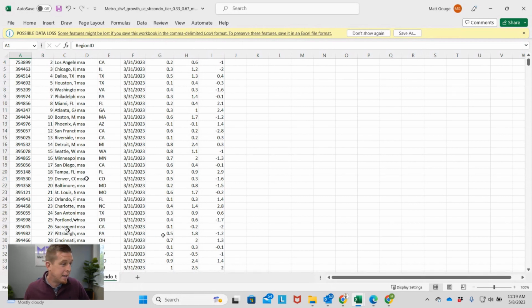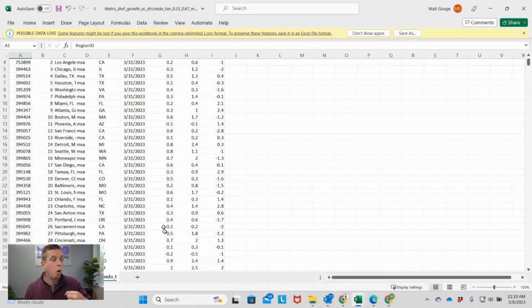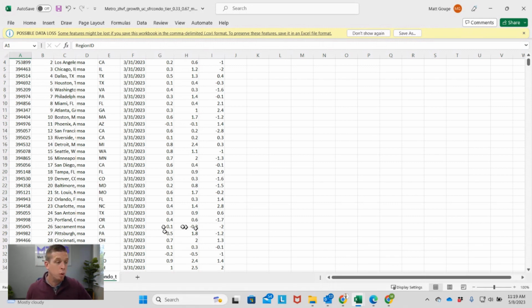It looks like in Sacramento, there are 3 columns: month, quarter, and year. So, again, this is projected going forward: 0.1% home price increase over the next month. But then we've got a negative 0.2 over the next quarter.